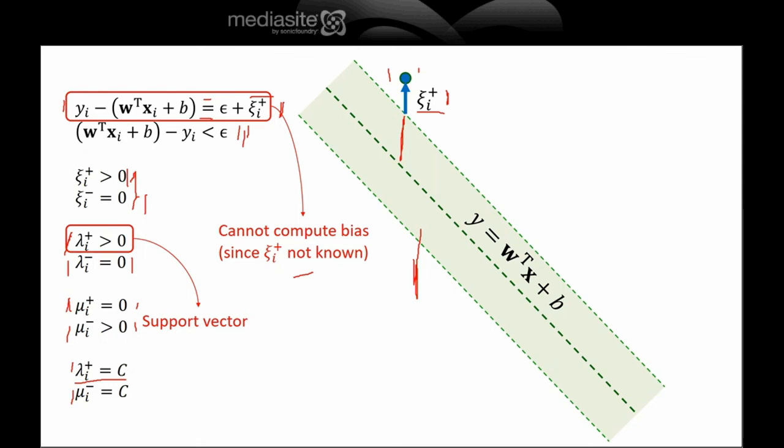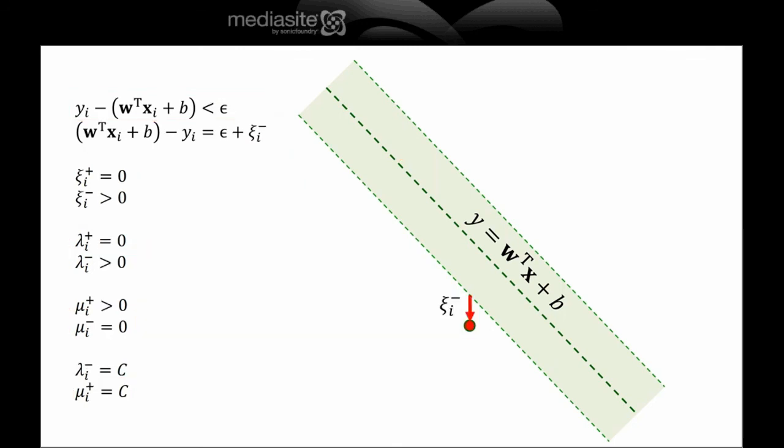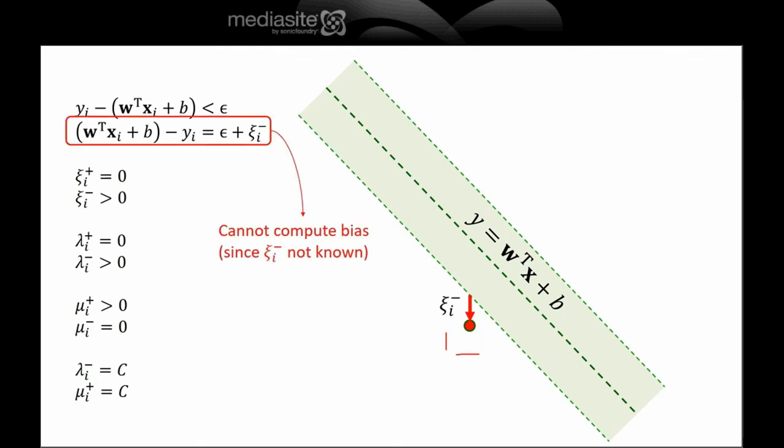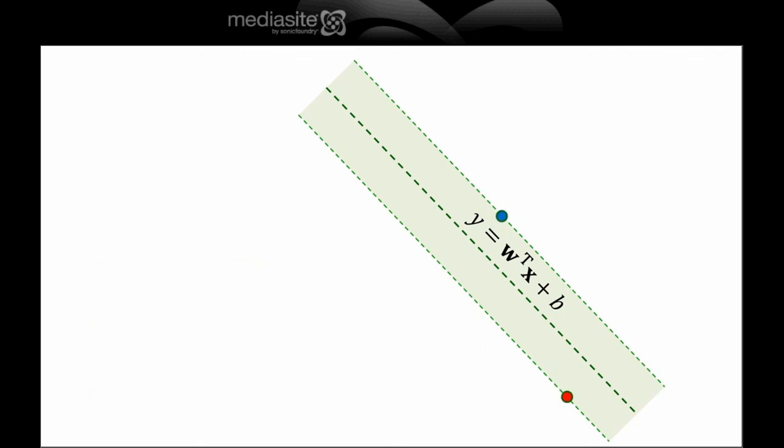But when lambda I plus is exactly equal to C, I still cannot compute the bias. Now, this is the analogous set of equations for the red point, which is well below the tolerance region. We cannot compute the bias since zeta I minus is not known, and these are support vectors too.